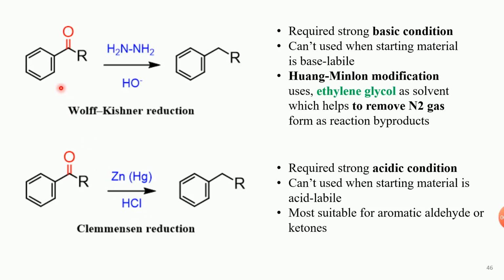If ketones are acid labile, then basic condition is used, which is in Wolff-Kishner. So for acid labile ketone, Wolff-Kishner reduction is used. For base labile ketone, Clemmensen reduction is used.